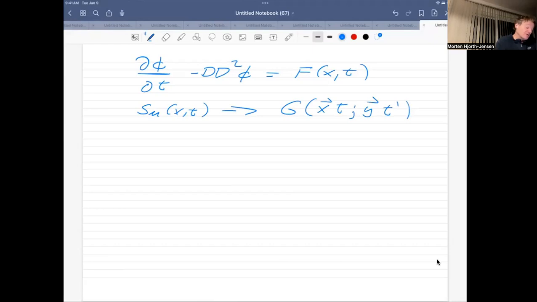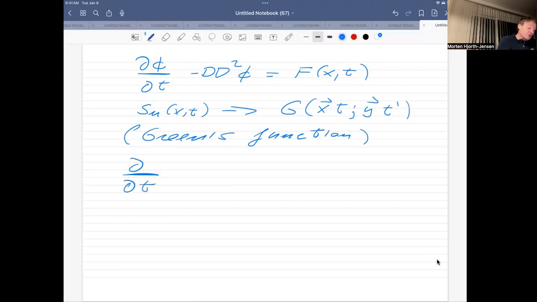And you can show that this function, which is normally called the Green's function, is a solution to the diffusion equation. It's what we call a fundamental solution of x of t, and then we have y at a time t prime. I know that I'm just throwing these equations at you now, but this is something you can easily look up in any textbook on mathematical methods.